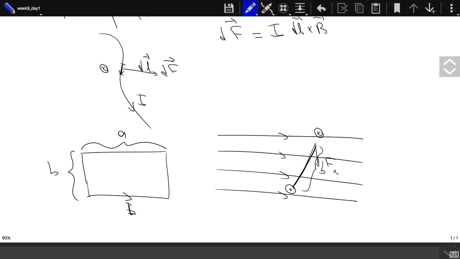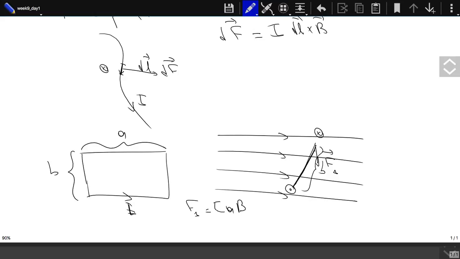Let's say this is F1. The magnitude of F1 is equal to I times A times B, basically because we don't need to integrate, because dl is constant along this segment and B is constant along that segment.